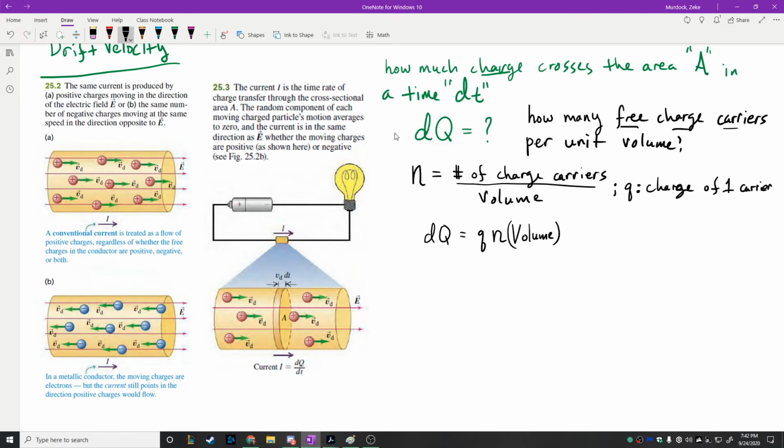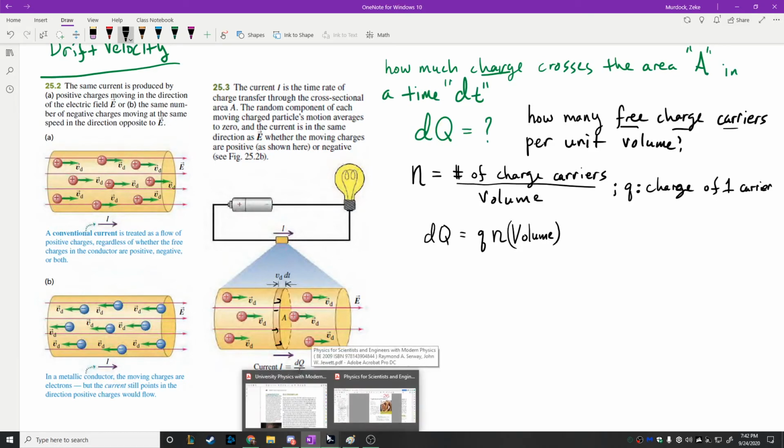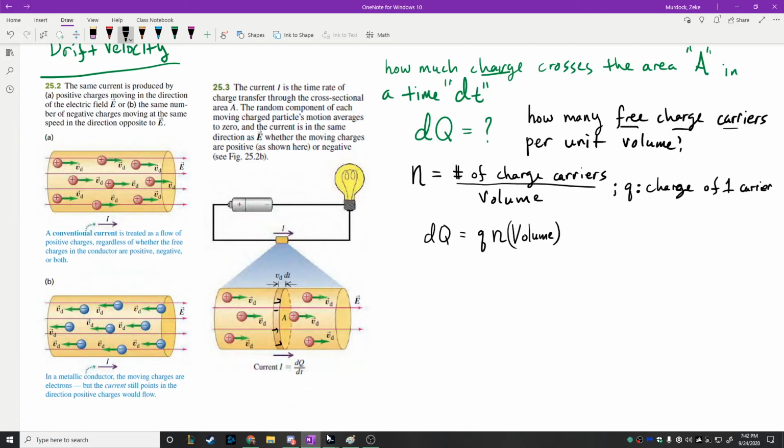It could be the charge on a single electron, for example. That, the charge on one carrier, multiplied by the number of charge carriers per unit volume, and then multiplied by volume, should give me the amount of charge that actually passes across this area right here, dq. Does that seem reasonable?